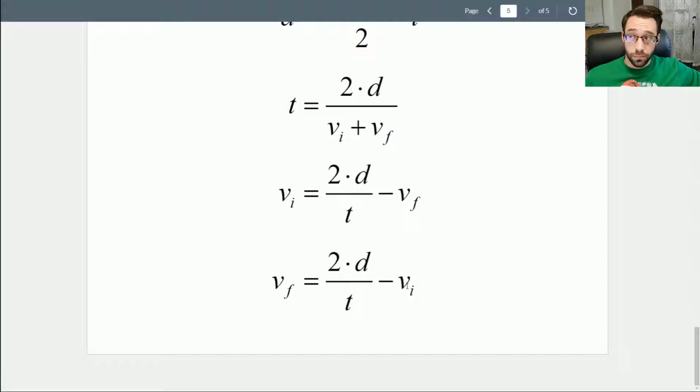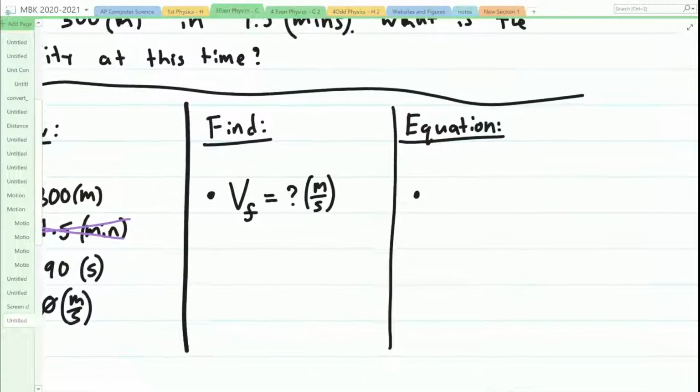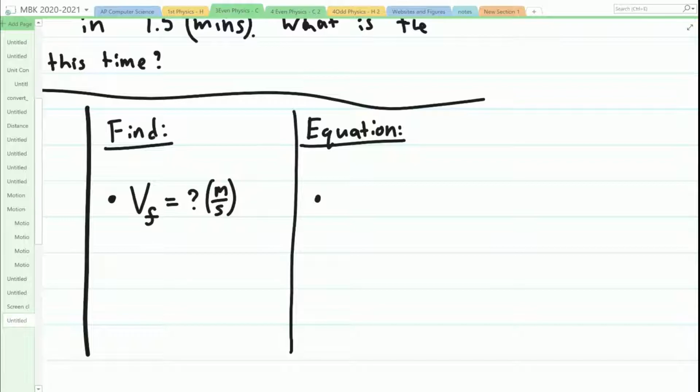Okay. So the equation that we have is V sub F equals 2 times my displacement divided by the time, minus my initial velocity.